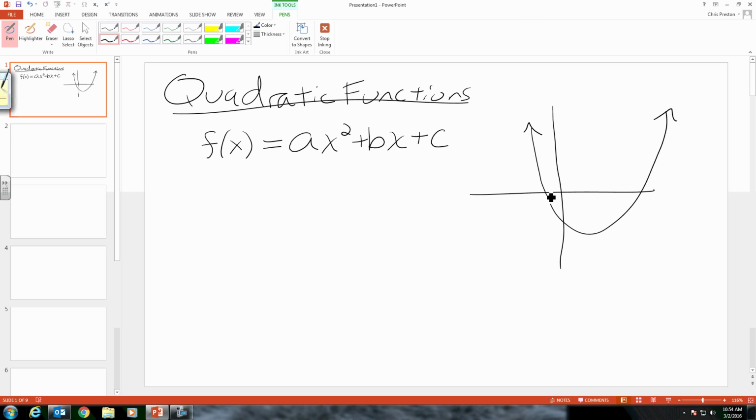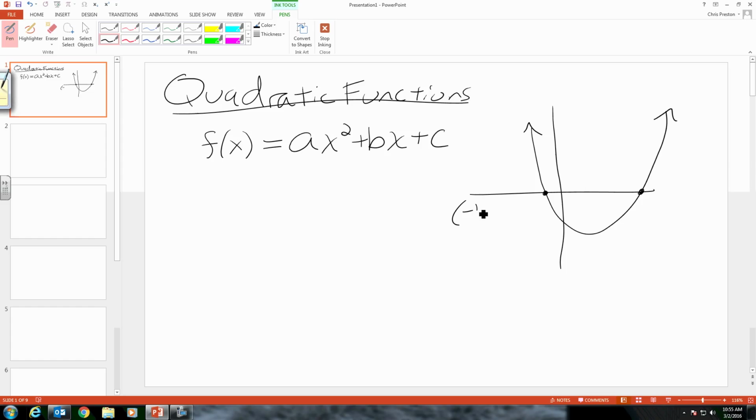And if we wanted to find out where the x-intercepts were, well, the way you find the x-intercept, you make y equals 0, or in this case, f of x equal to 0, and then you solve for x. Well, something that will solve this type of equation is the quadratic formula. So these x-intercepts are going to happen at those values that we get from the quadratic formula.